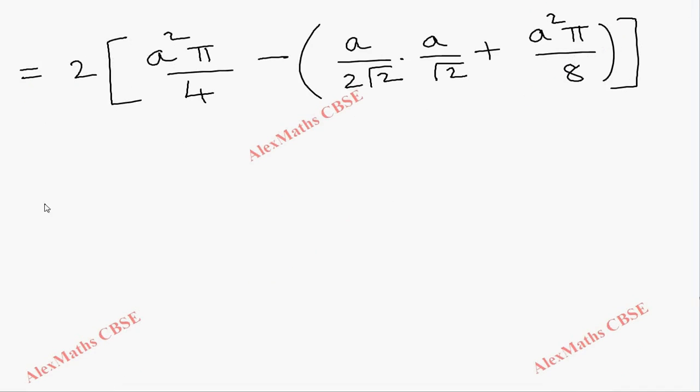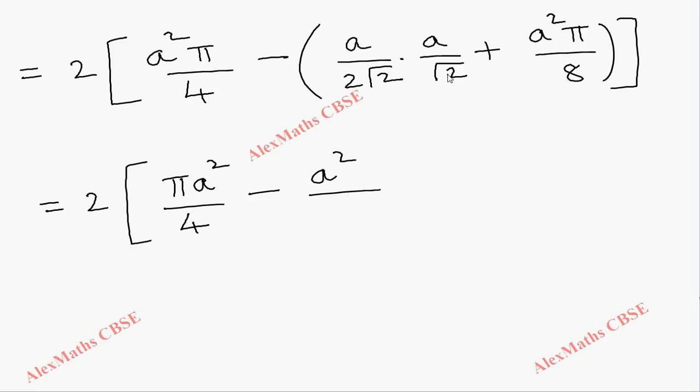Now we write only this 2, and this is πa²/4. Taking the minus sign inside, this is a² divided by, combining these two, √2 times √2 is 2, and there is one more 2, so it is 4. Then minus, this minus taken inside, now this is πa²/8.